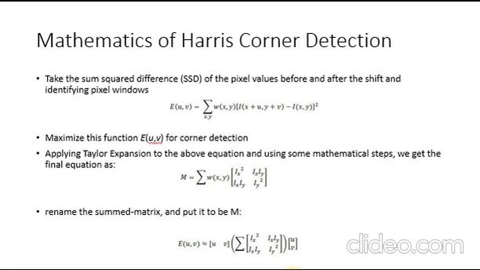So we have to maximize the function E(u,v) for corner detection. That means we have to maximize the second term, applying the Taylor expansion to the above equation, and now we rename the summed matrix and call it M.